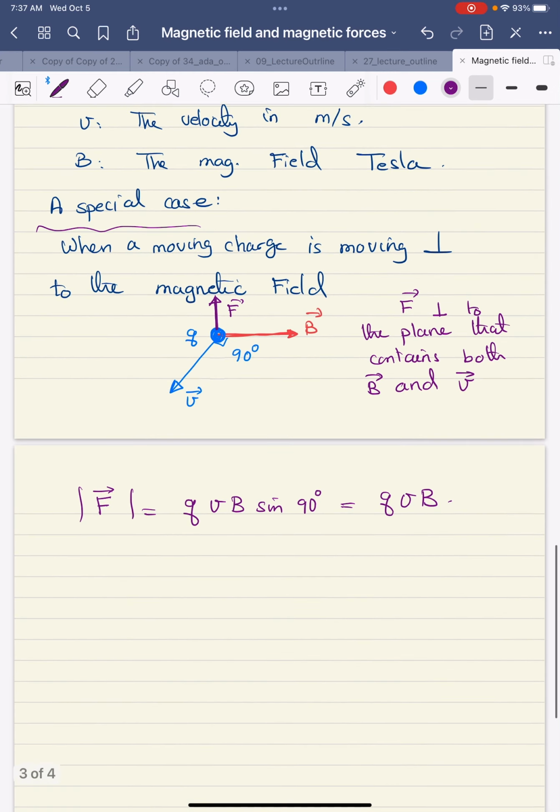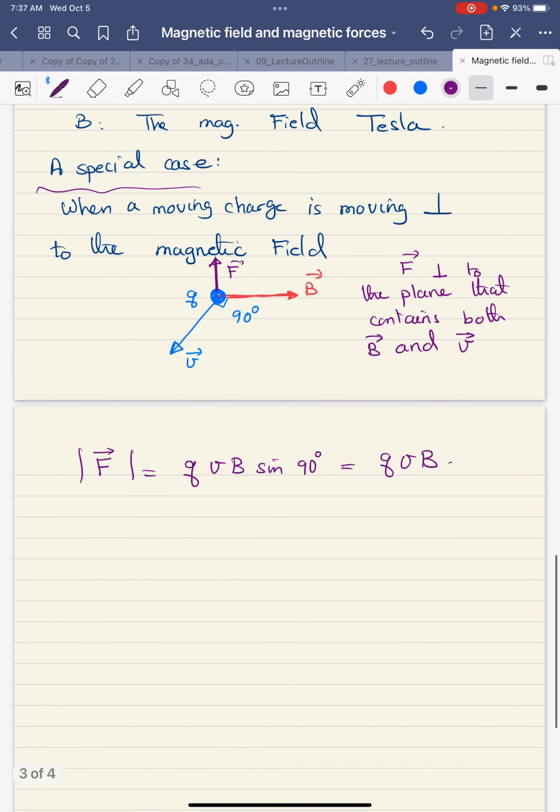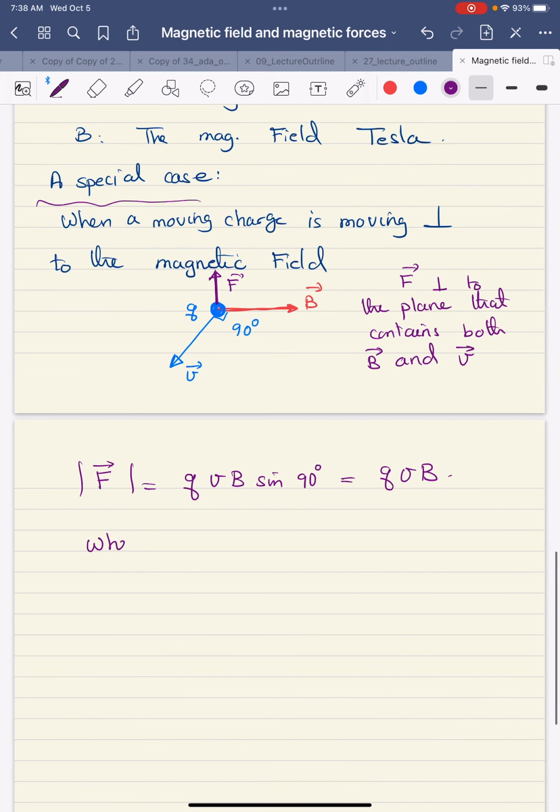All right. Now, we need to know that when V is not perpendicular to B, then you need to know what sine theta is, and you are going to have it in the equation.